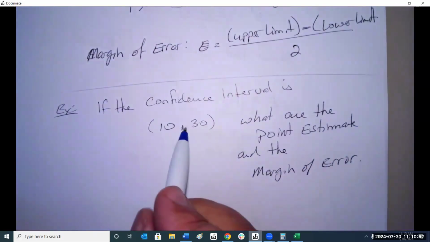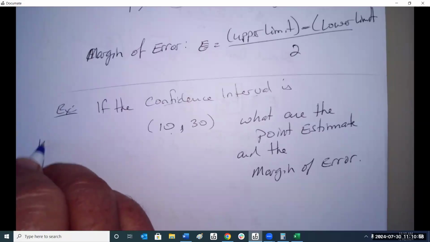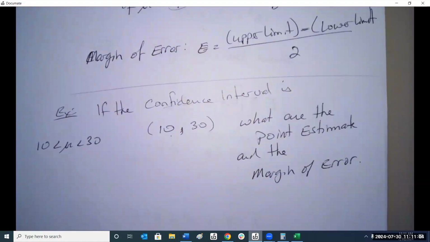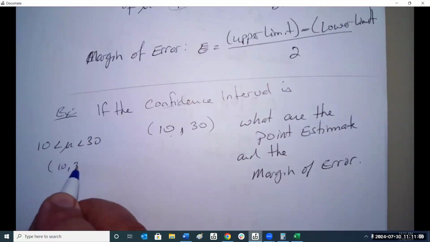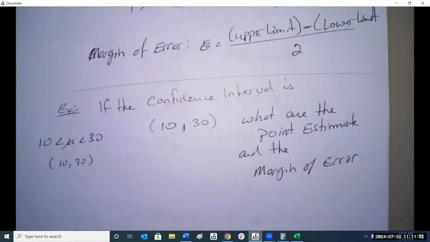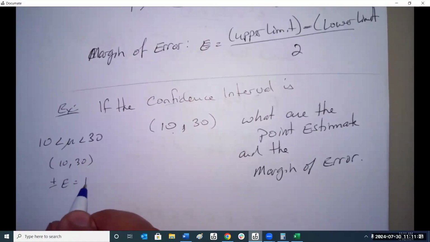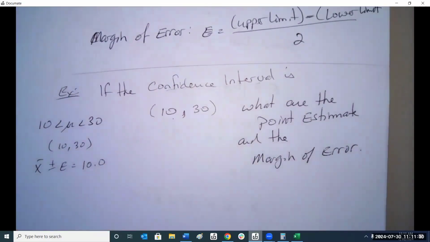So what this tells us, remember, the confidence interval can be written like this. 10 is less than mu is less than 30. It can be written as an interval, or it could be written as X bar plus or minus E. So it's plus or minus 10 from the mean.